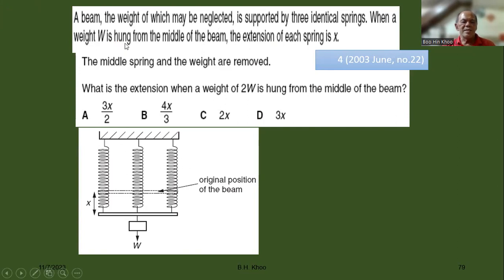When the weight W is hung on the middle of the beam, the extension of each spring is X. The middle spring is removed, and the weight is removed. This one is removed. This one is removed. What is the extension when the weight of 2W hangs from the middle of the beam?